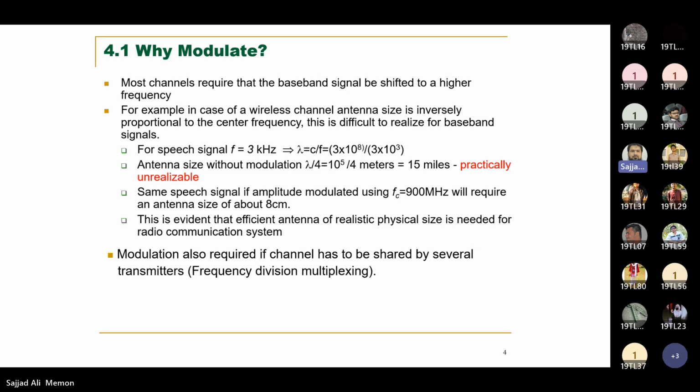So it is evident that an efficient antenna of realistic physical size is needed for a radio communication system, and that is only possible with modulation. Modulation is also required if the channel has to be shared by several transmitters, that is frequency division multiplexing. Then each one has to be assigned a different frequency.